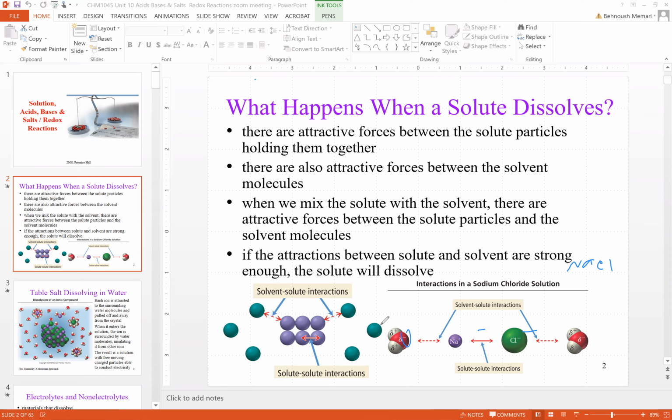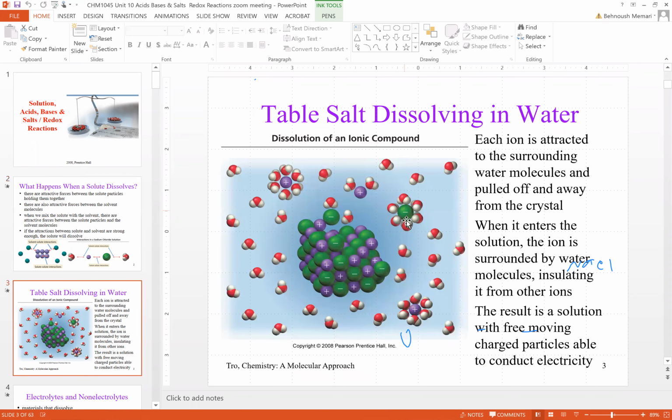Now we are going to have chloride separated from the sodium ion. So we have negatively charged and positively charged ions. So the whole solution is going to basically contain plus and minus charges.